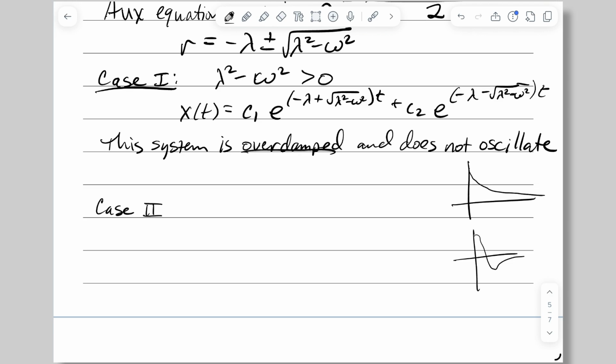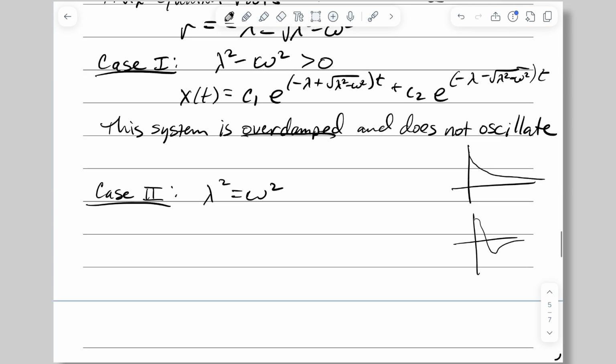Case 2 is the case when lambda squared is equal to omega squared. This doesn't happen by accident. You basically have to work real hard to make this happen. But if it ever did, then x of t is equal to c1 e to the negative lambda t plus c2 t e to the negative lambda t.